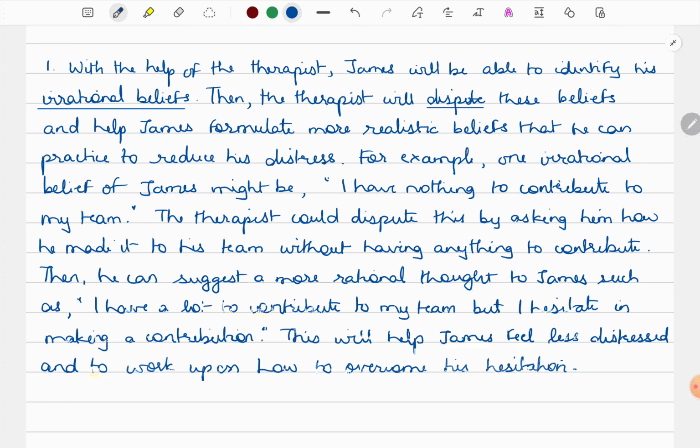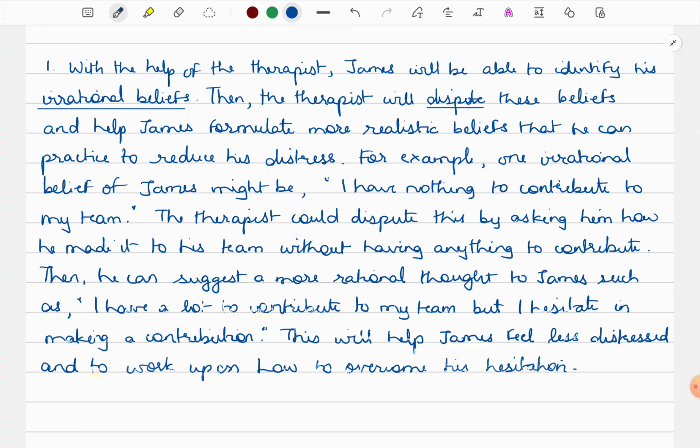As I said earlier, this is a sample answer. There are many ways of answering the same question. Your language can be different, your examples can be different. The essence has to be the same, and the essence is that you are giving most focus on disputing. That is the key thing in this answer, because it is about helping James. It is not about explaining his scenario through the ABC model.